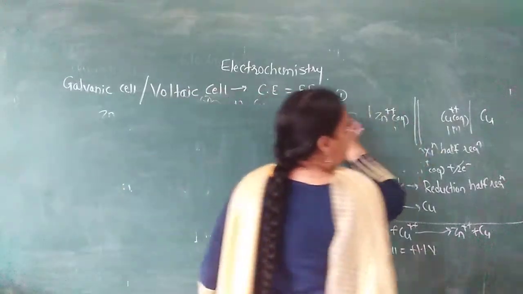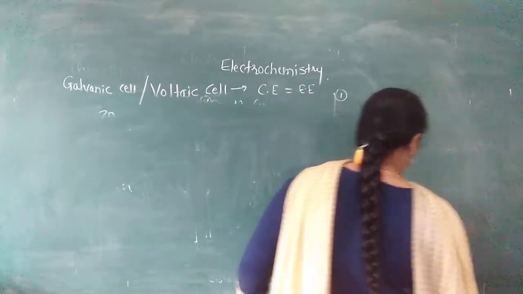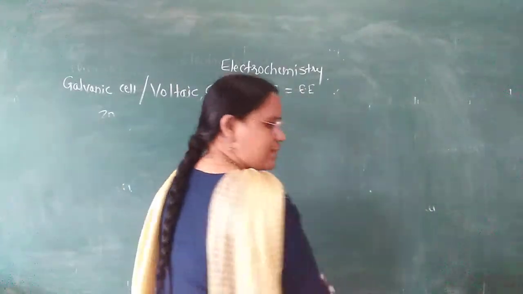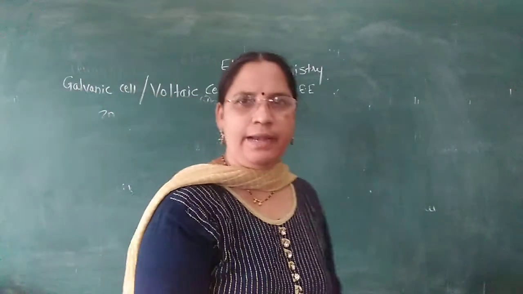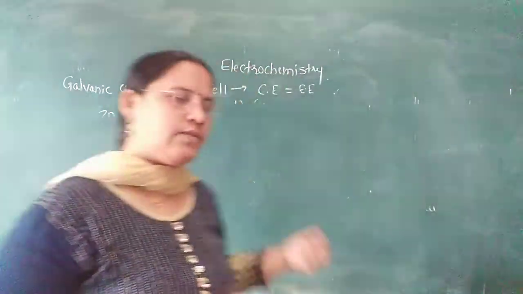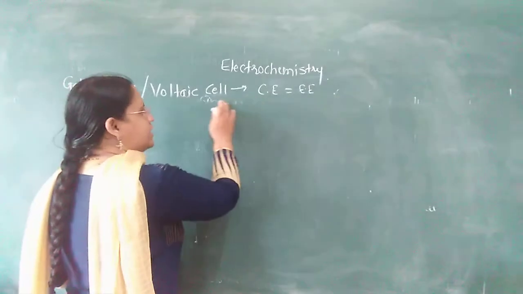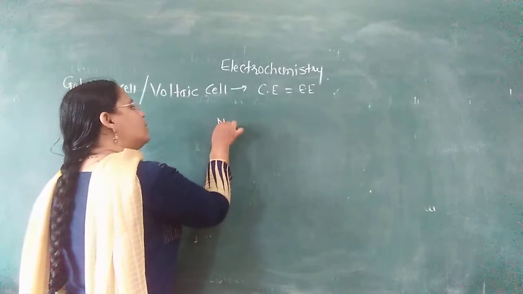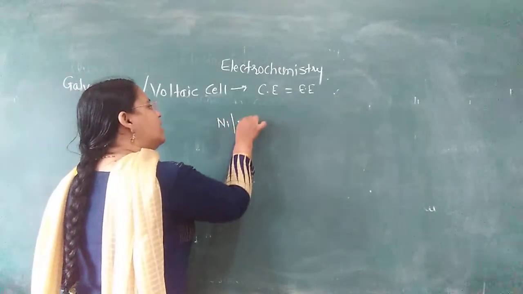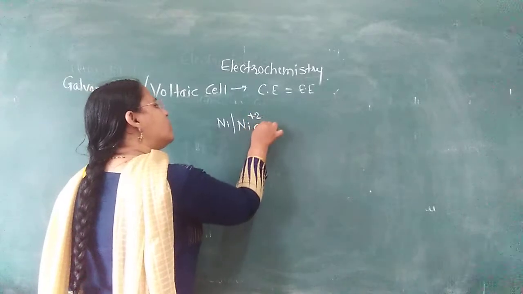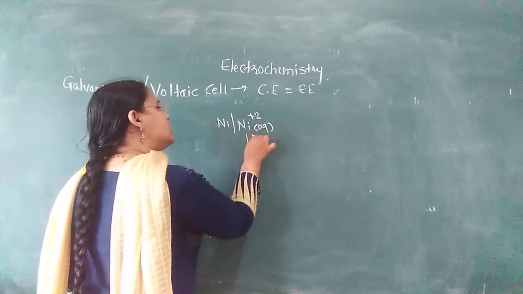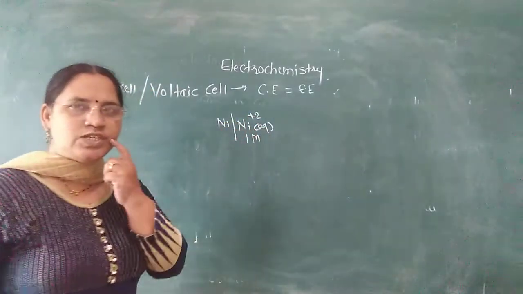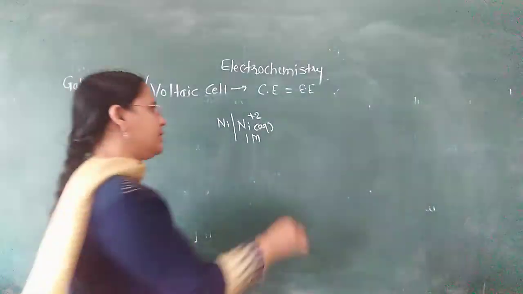Suppose I explain one more example over here. Suppose a cell is given and we have to write the cell reactions for the given galvanic cell. Which galvanic cell is given? Suppose nickel is given, nickel in contact with Ni+2 ion aqueous, having concentration 1 molar. This is the half cell written at the extreme left hand side.